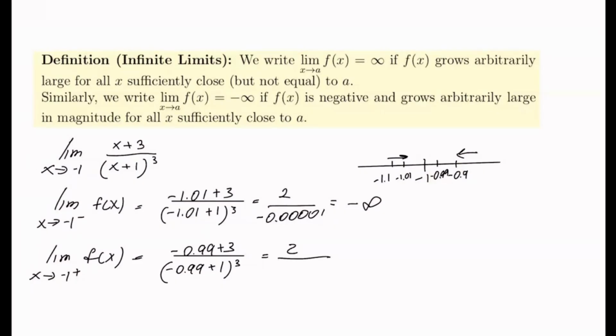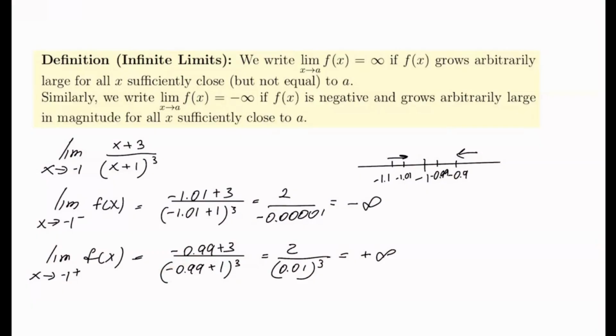And the denominator is going to be 0.01, but with a positive sign now because -0.99 is greater than -1, right? So we have 0.01 cubed, a very small value in the denominator. So the whole fraction will be positive infinity.